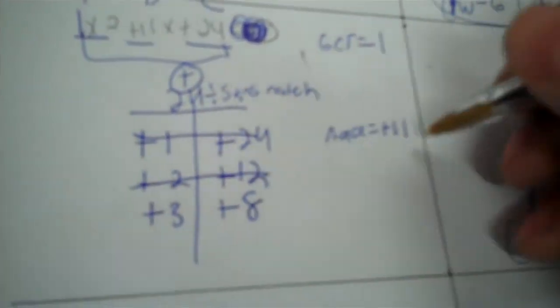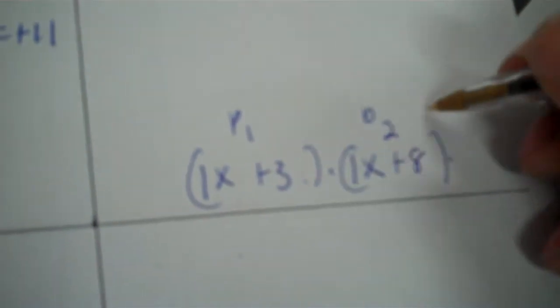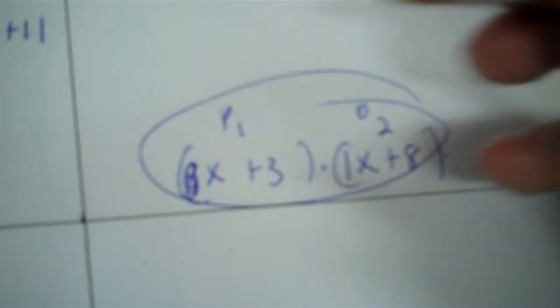Got it. 3 plus 8 is 11. Okay. So plus 3 plus 8. So that times that is positive 24, and they add to 11. Now the A is easy to break down, at least now it is. X, X. Okay. So it'd be x plus 3 times x plus 8.